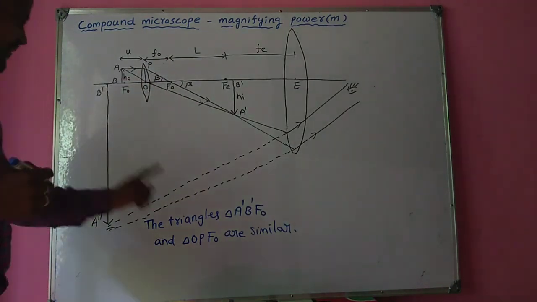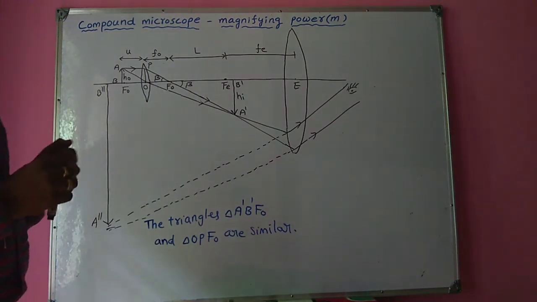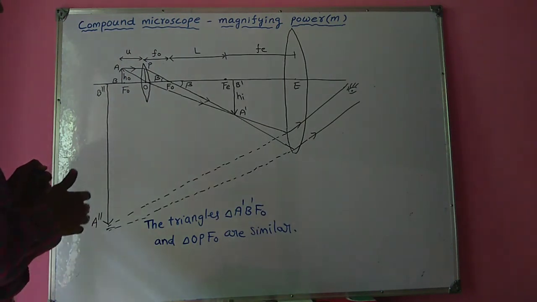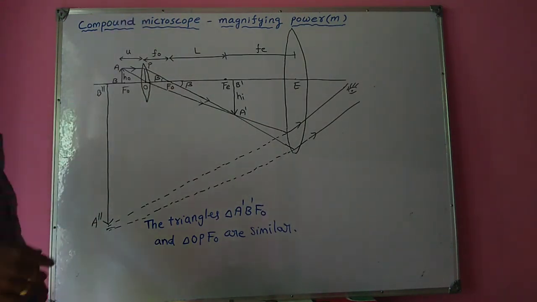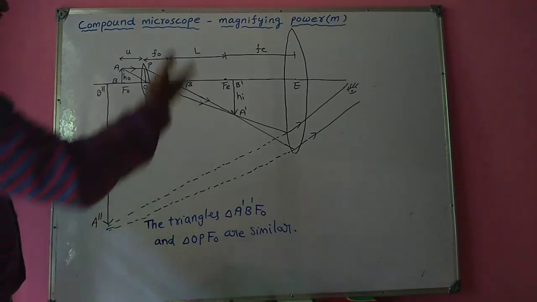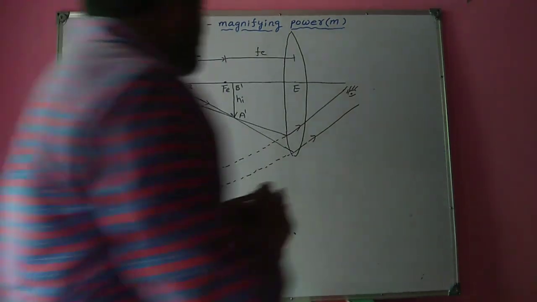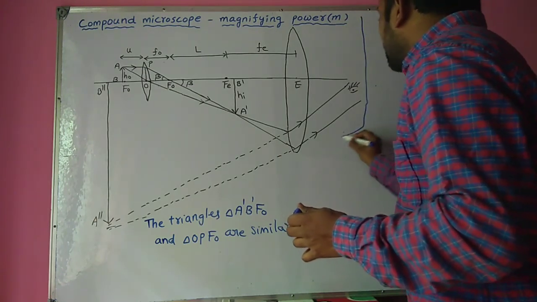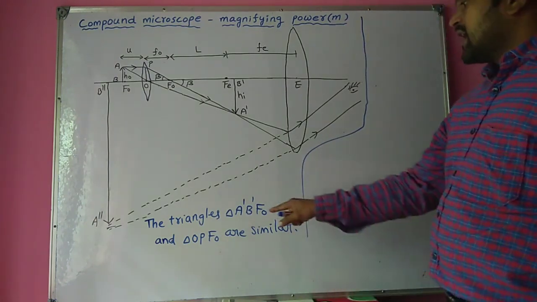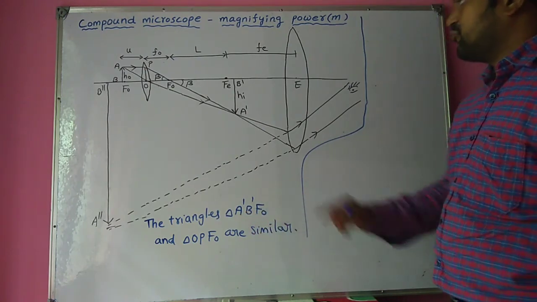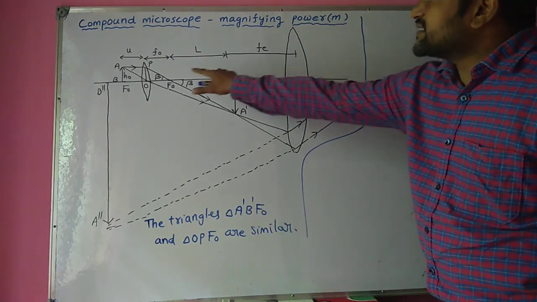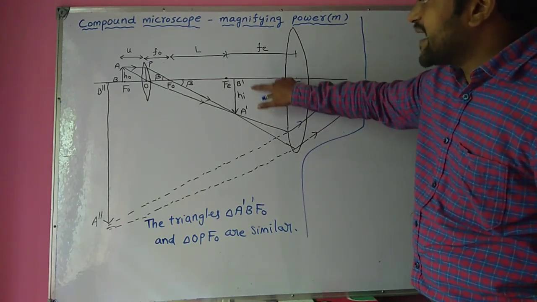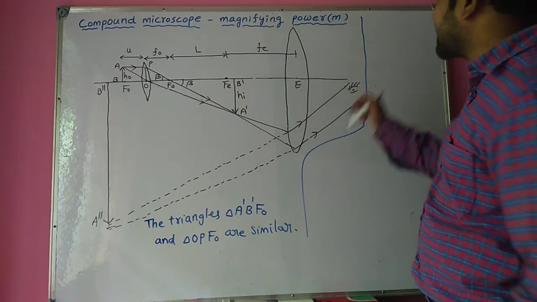We know that for similar triangles, the ratio of sides is equal to the ratio of bases. In the previous concepts also we have applied this formula. Now let us apply the formula here. For the first triangle A dash B dash FO, I have taken the side A dash B dash, whose length is HI.